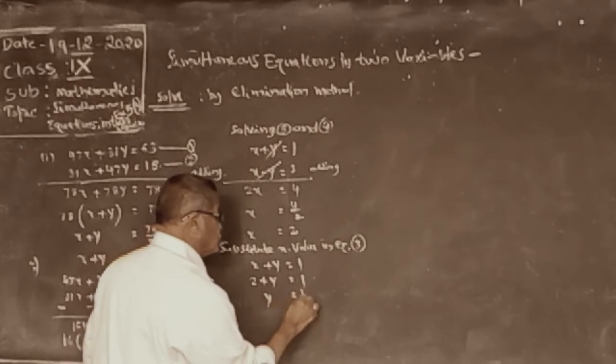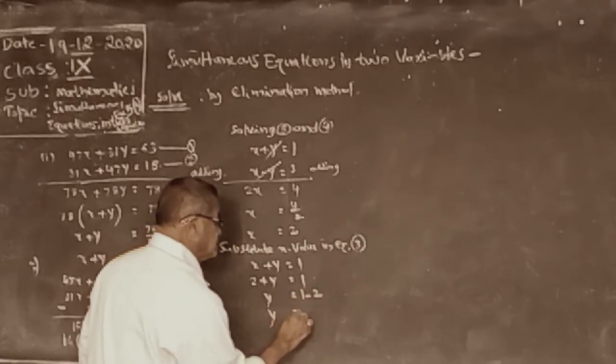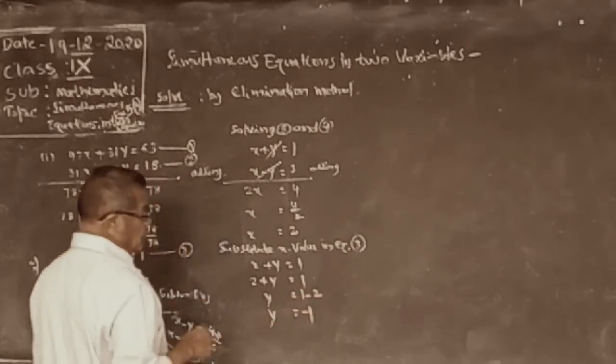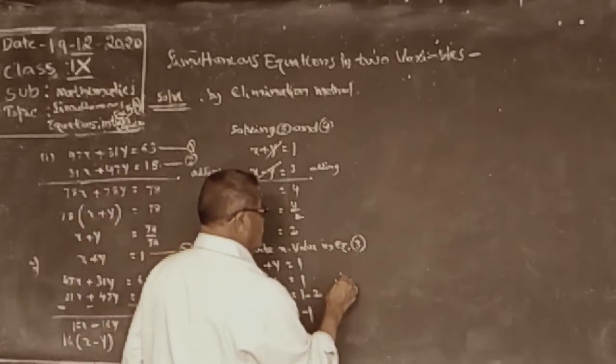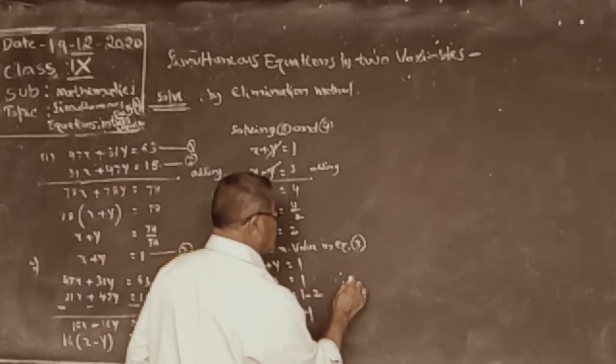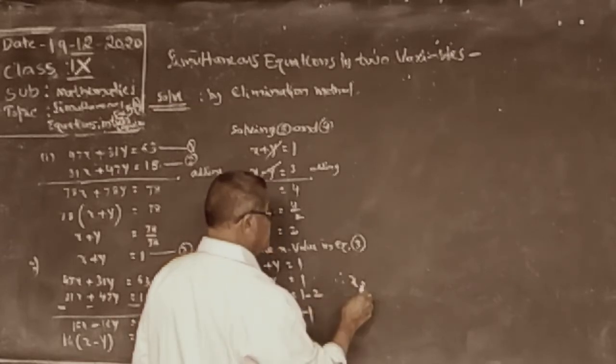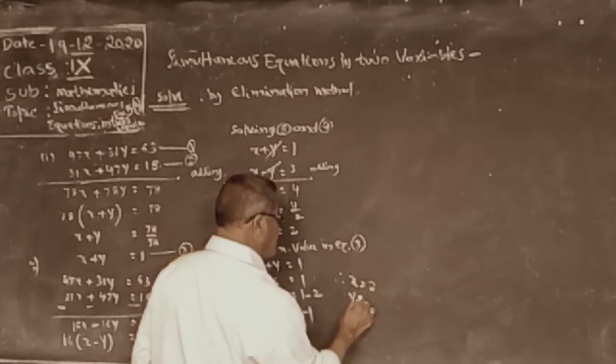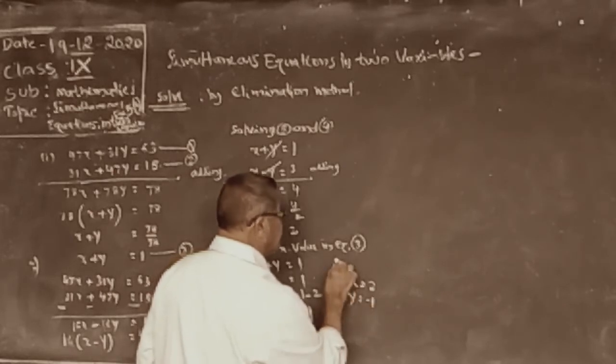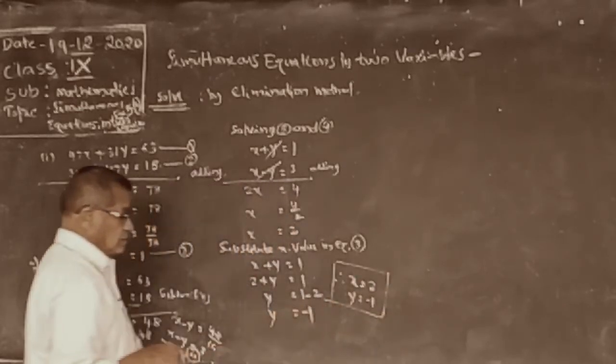Y is equal to 1 minus 2. Y is equal to minus 1. Therefore, x is equal to 2 and y equal to minus 1. These are the values.